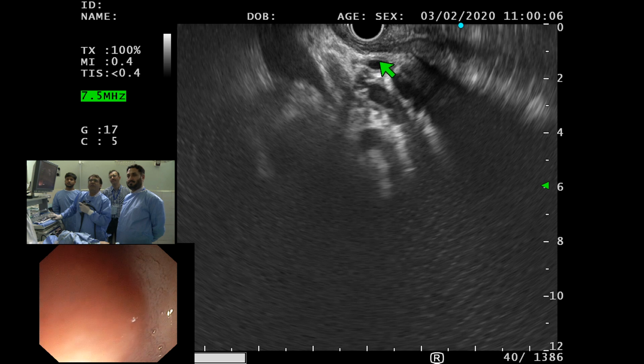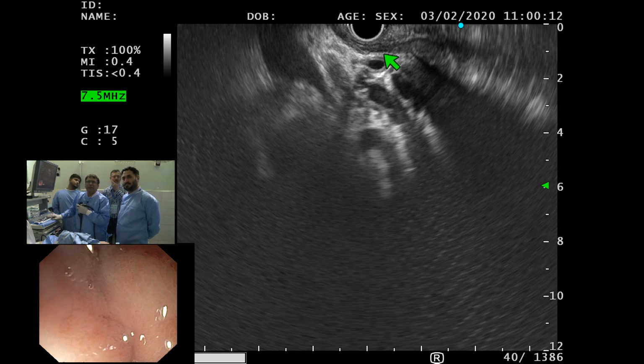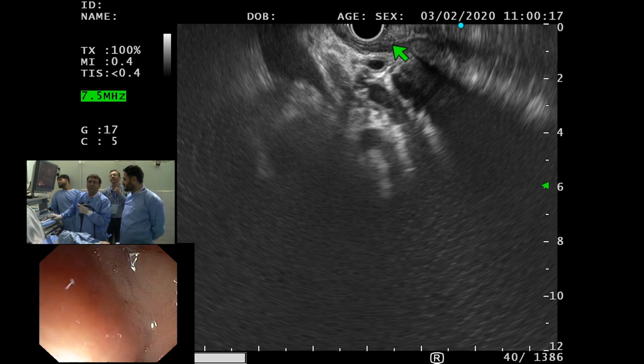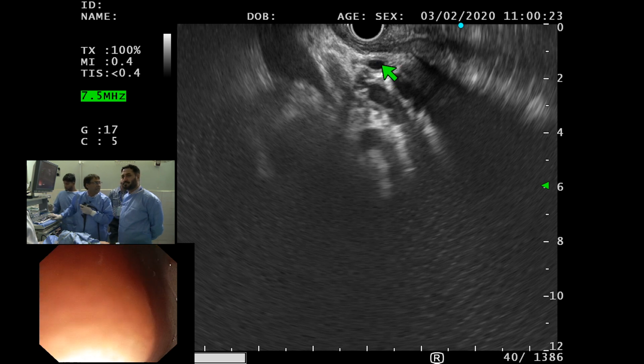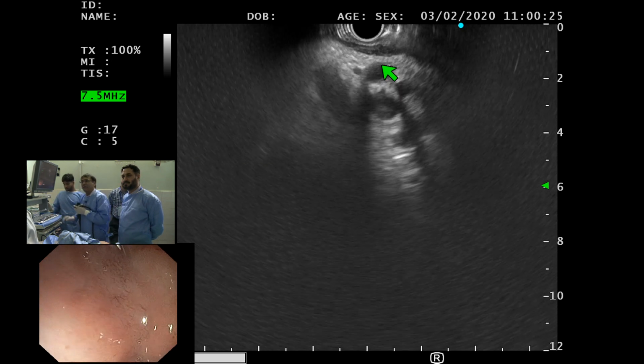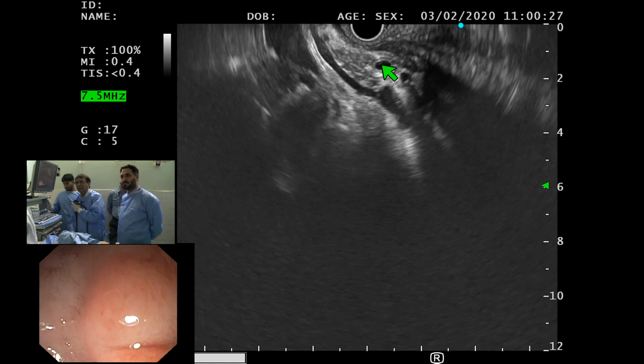It does not have 4 layers like any luminal wall. But they are so distinct from each other. So this is not really a tumorous thickness. It's because of the inflammation and pancreatitis. That's what that thickness of the wall is.